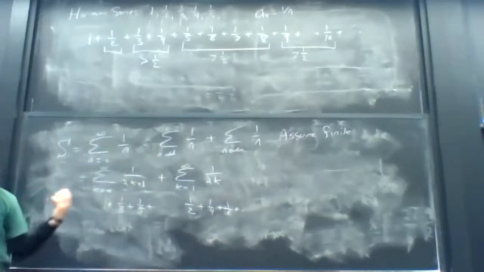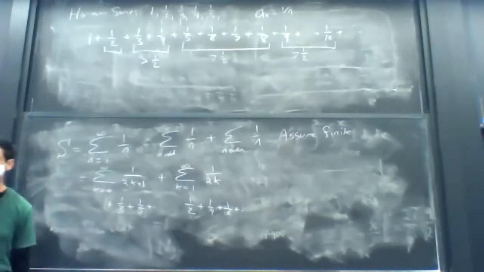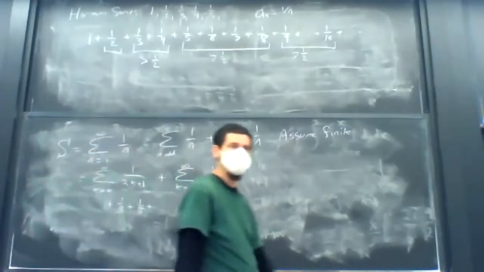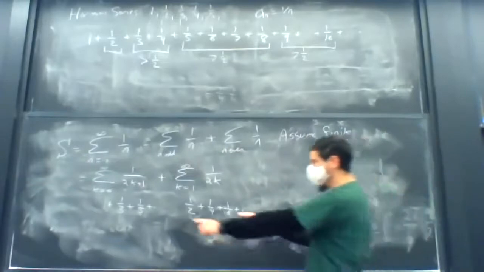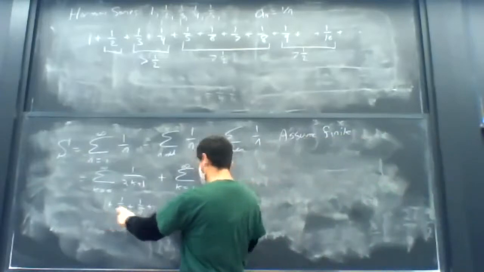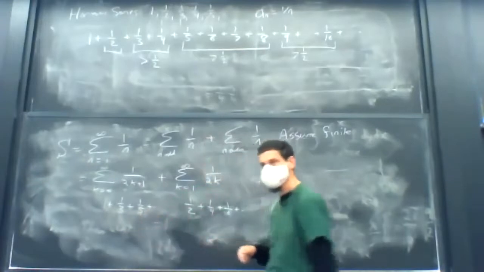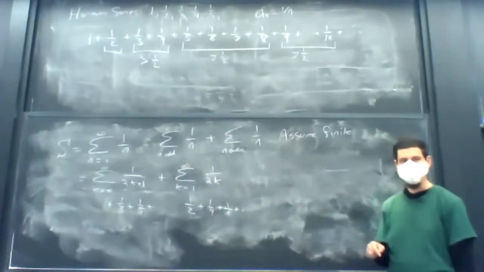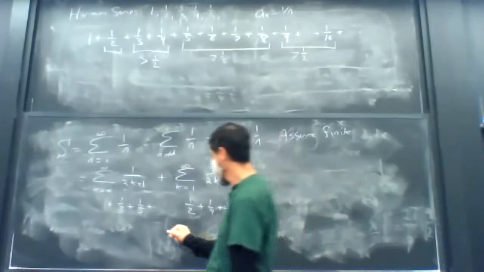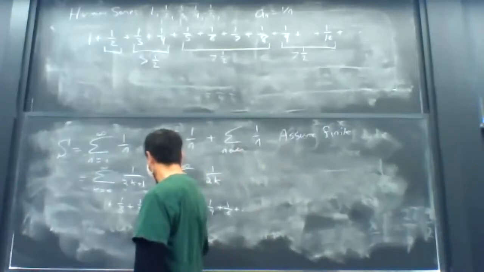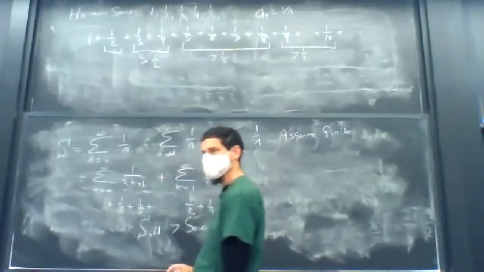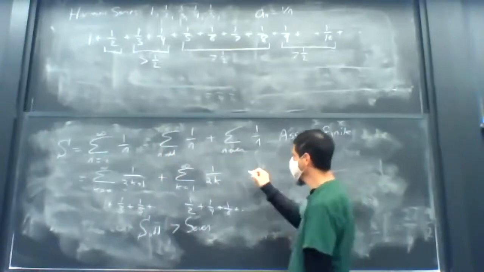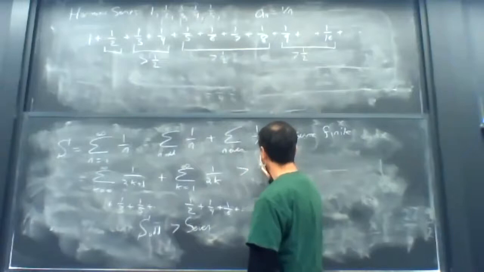Do you think the two sums are the same, or do you think one is larger than the other? Yeah, the odd beats the even term by term. 1 beats a half, a third beats a fourth, a fifth beats a sixth. So the odd beats the even. So S odd is greater than S even. So this would be strictly greater than 2 times the sum over the evens.